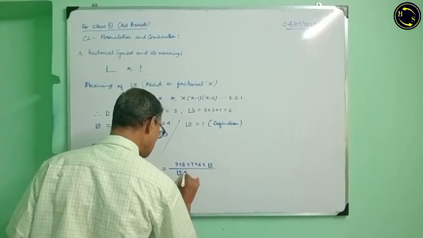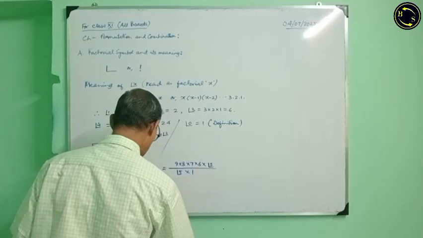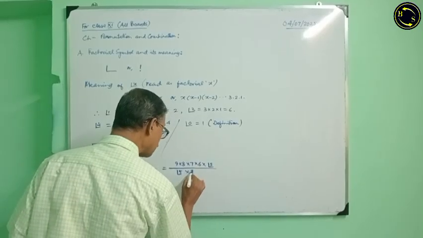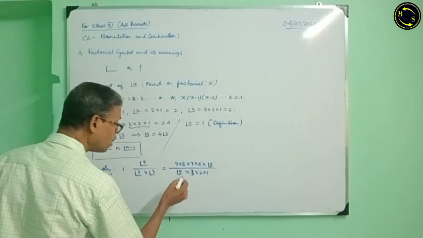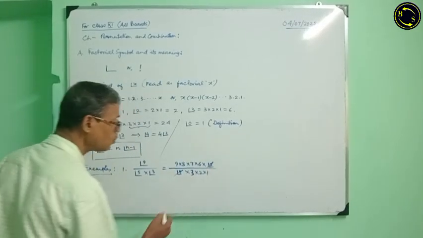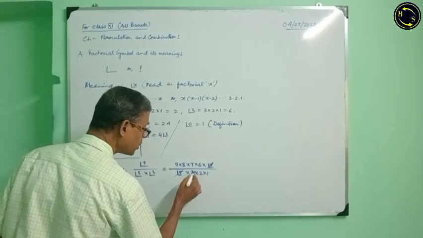Factorial 5 into factorial 3, where factorial 3 is 3 into 2 into 1. Now it is easy to calculate. 3 into 2, 6.